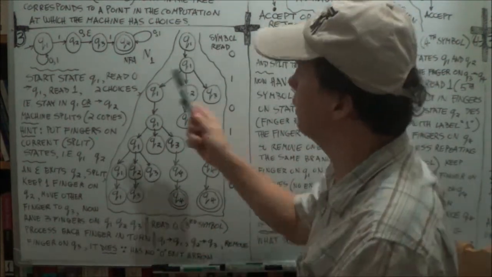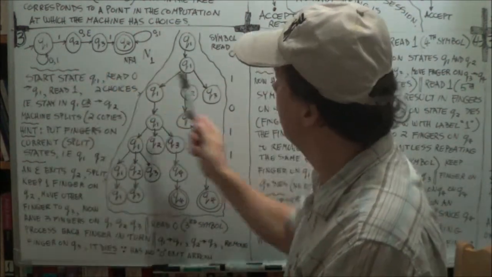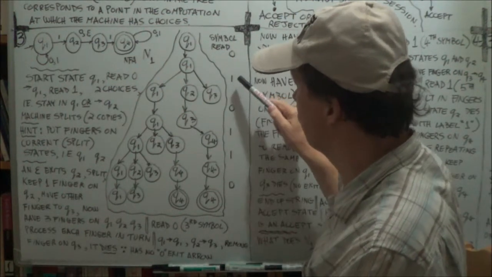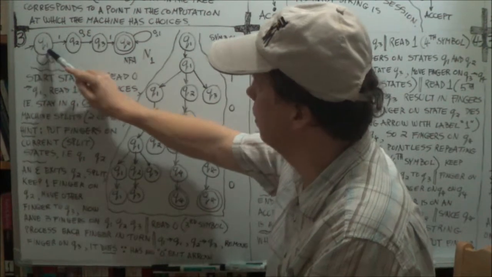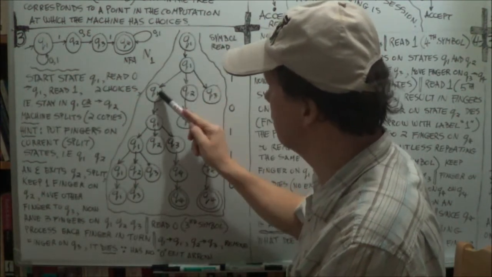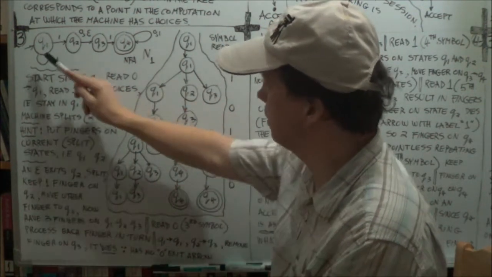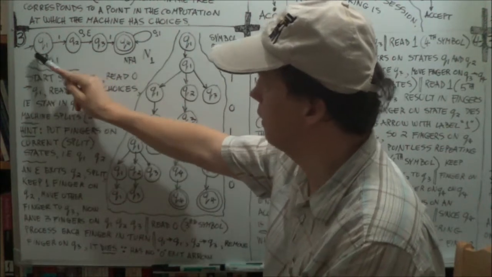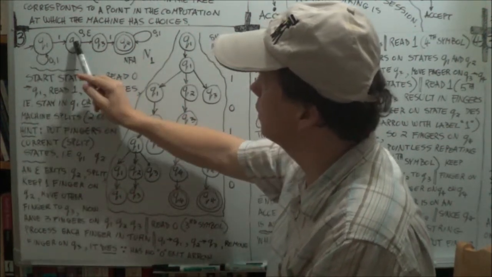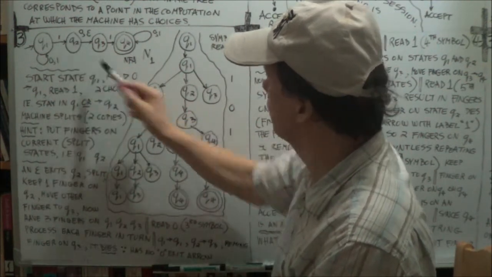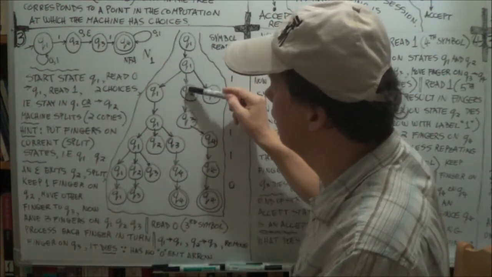Okay. So anyway, we're here, and now the second symbol comes in, and it's a 1. So we have a choice. We can either go to Q1, so Q1 goes to Q1. That would correspond to this arrow, this transition. Or we can go to state Q2, which would correspond to this one.